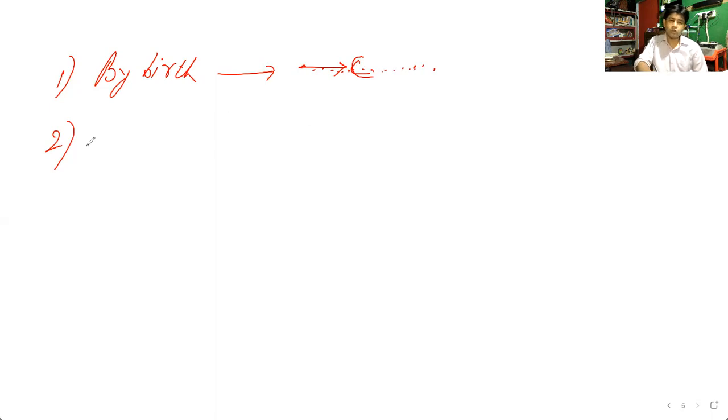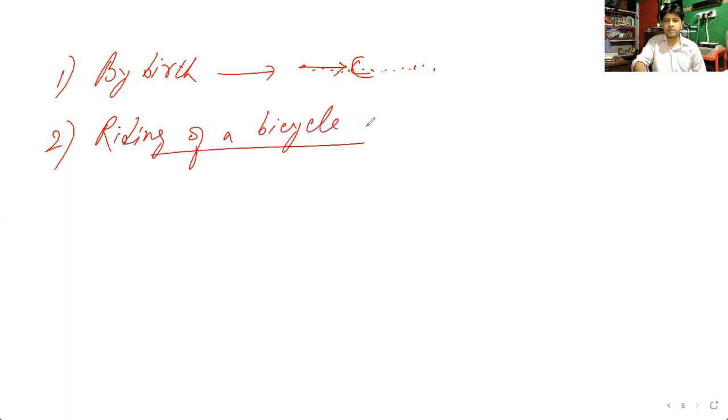Okay, and some of them are there which we are learning by practice. For example, the riding of a bicycle. When you are riding the bicycle for the first time, you fell so many times, I think. You fell down so many times. Me too. But now we can ride the bicycle without any problem.